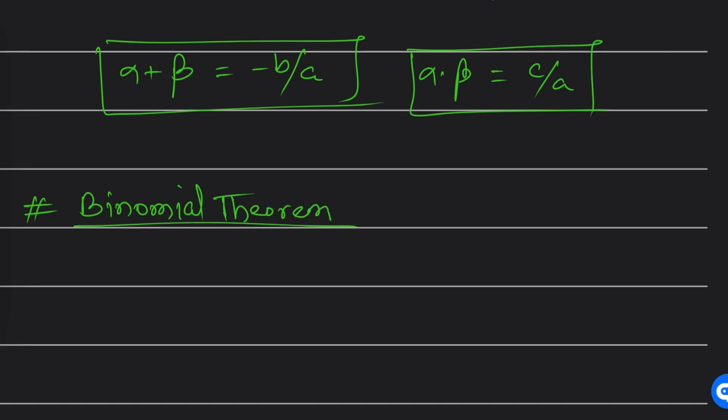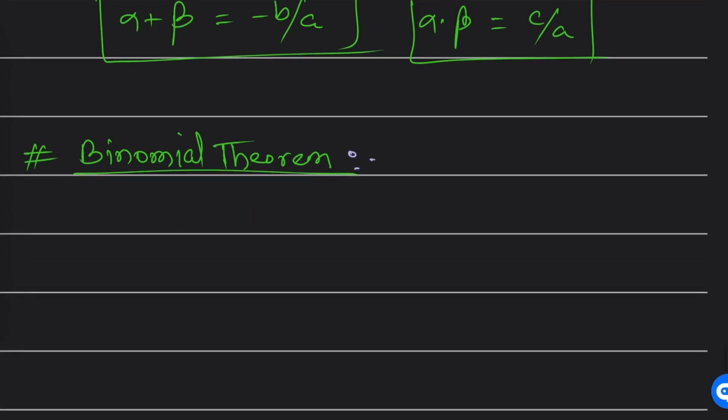What is binomial theorem, sir? Binomial theorem says that if (a plus b) power n is there, how to expand it?